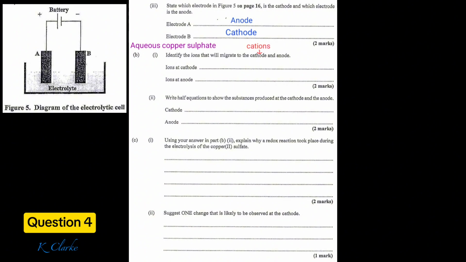Since the solution is aqueous copper 2 sulfate, the cations that migrate to the cathode are copper 2 plus and hydrogen plus. Anions are negatively charged ions that move towards the anode. Therefore, the ions that move towards the anode in aqueous copper 2 sulfate are sulfate, SO4 2- and hydroxide ions, OH-.